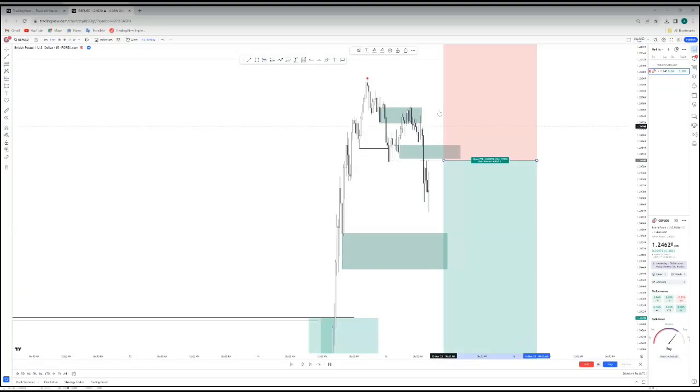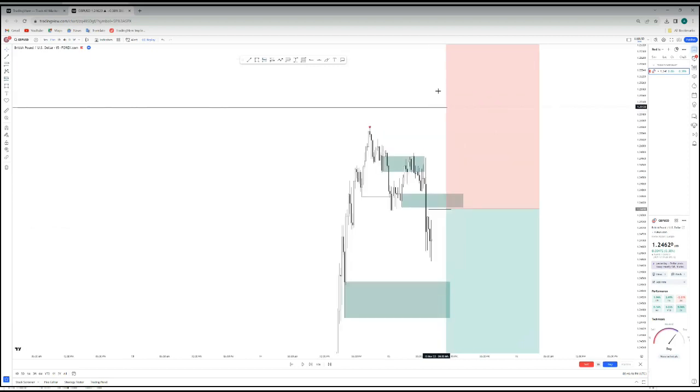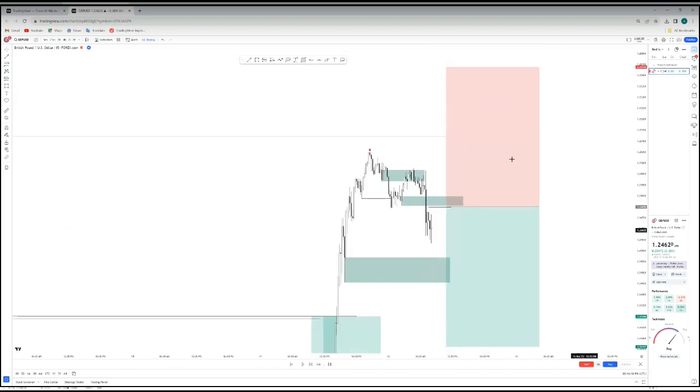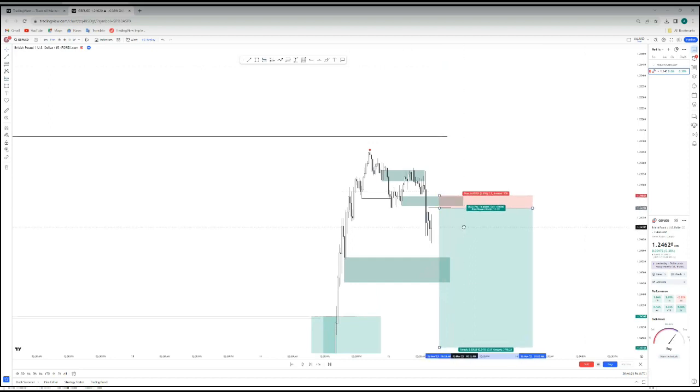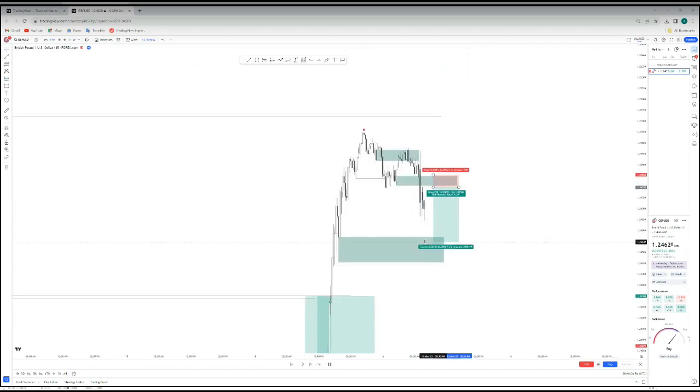And now let's check. All right, 25 pips is enough.